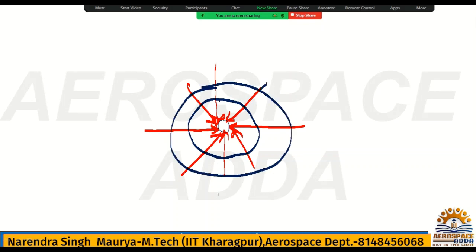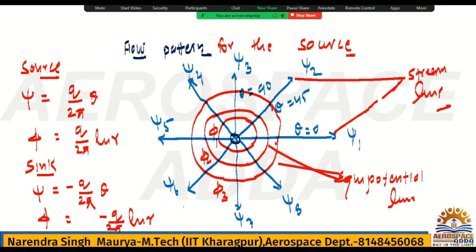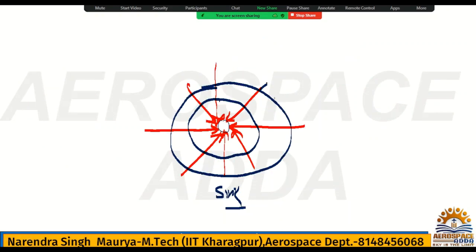So this is the sink and this is the source. Which one is the equipotential line? Let me correct this. Blue one is the equipotential line and this red one is the streamline.